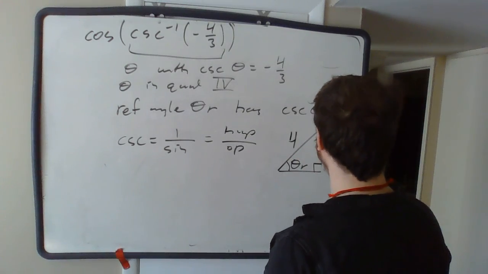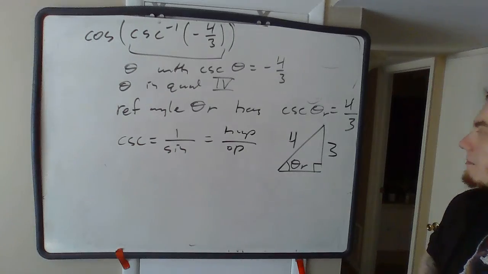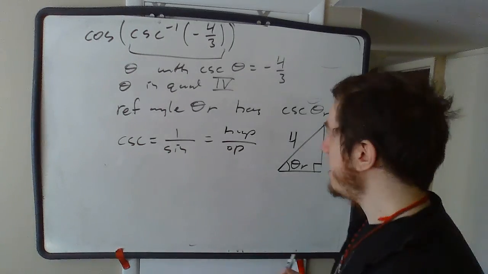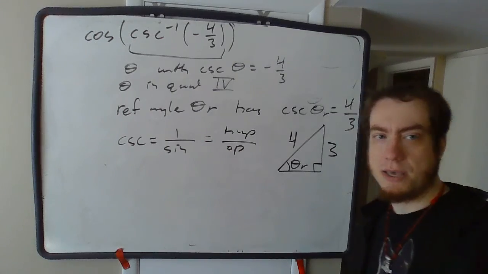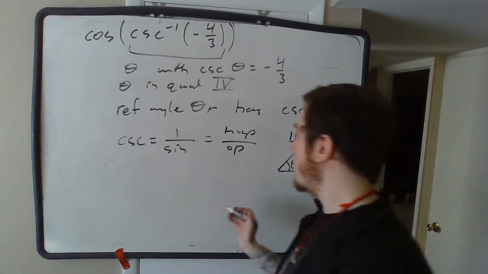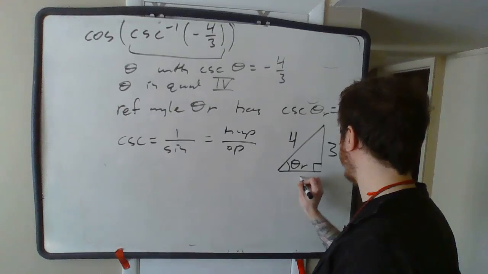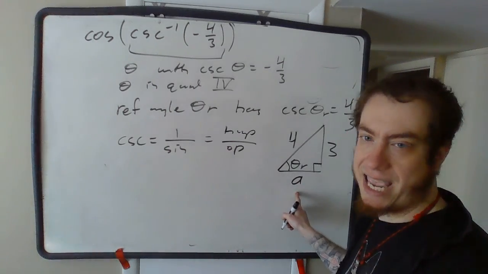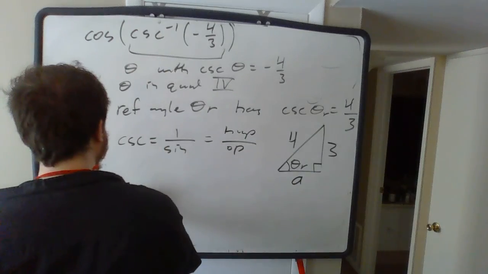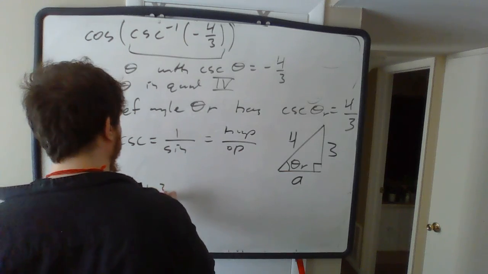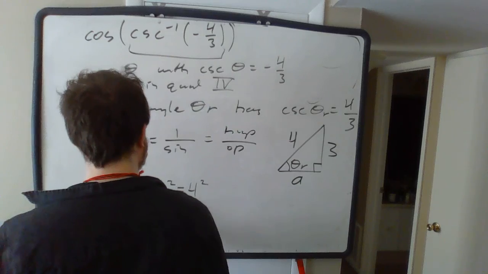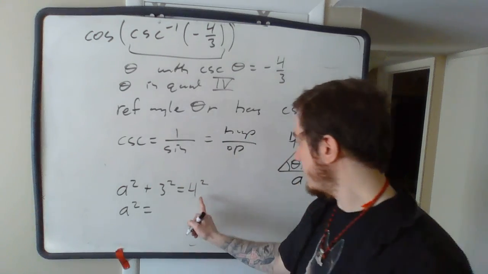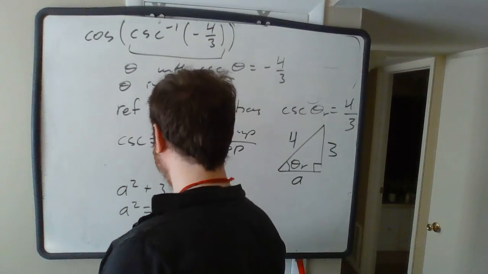I would put a 4 on the hypotenuse and a 3 on the opposite side. And now I just want to find what is the cosine of this angle here. So the thing that I want to do is find this side. Let's call that side A. Then by the Pythagorean theorem, we have a squared plus 3 squared equals 4 squared. This means a squared is equal to 16 minus 9, which is 7.